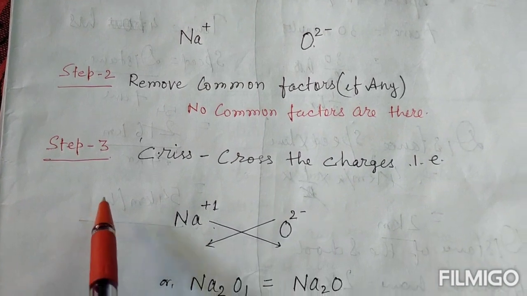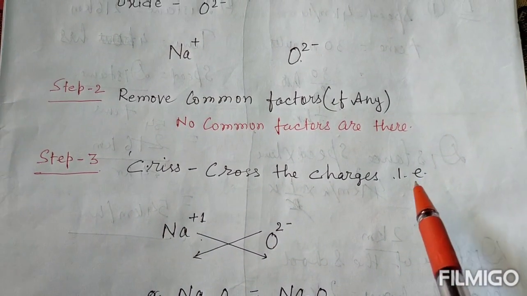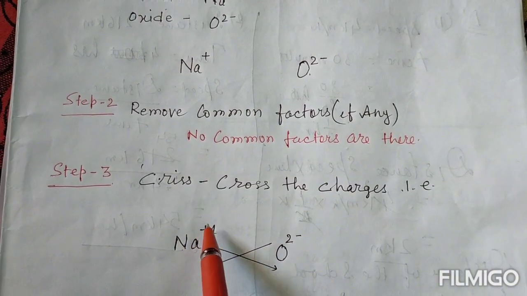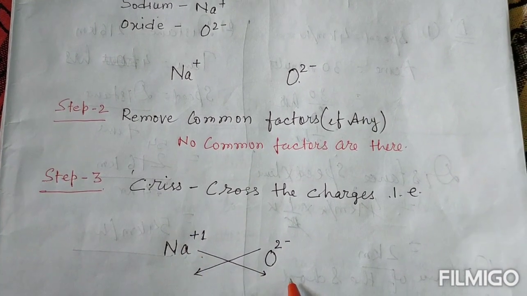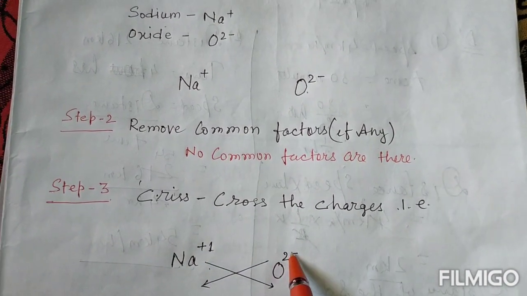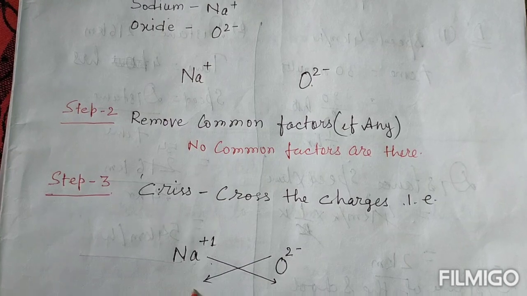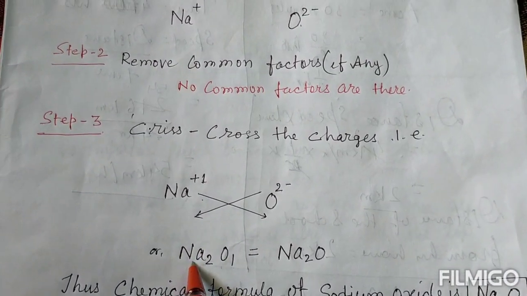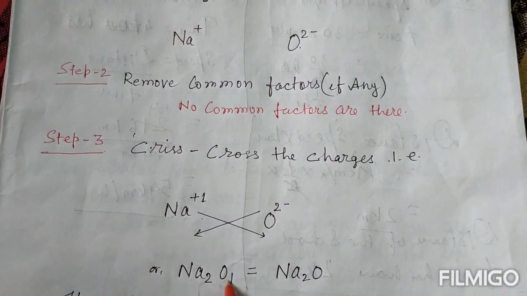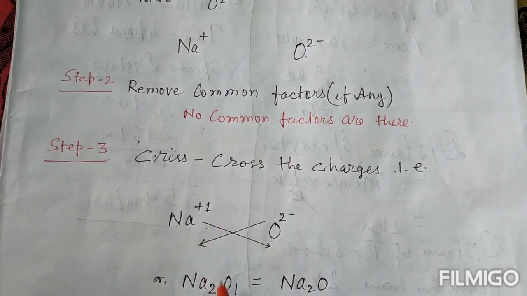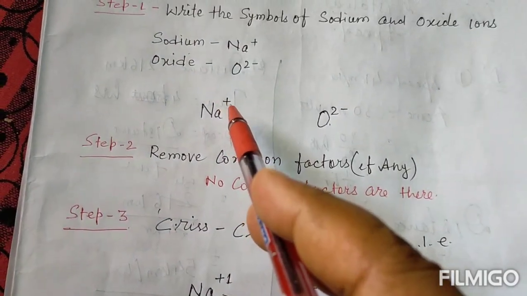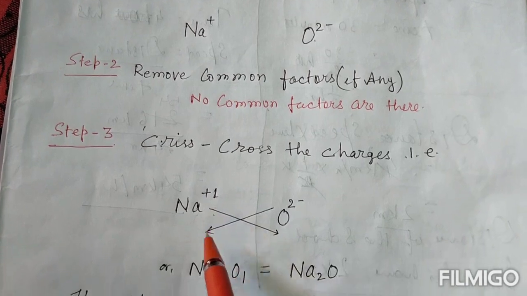Now step 3, crisscross the charges, that is charge of Na, that is plus 1, will come at bottom right of O and charge of O, 2, will come at bottom right of Na. So this will become Na2 and O1. Here number 1 or plus 1 is the same thing.